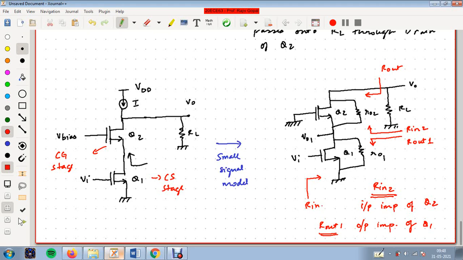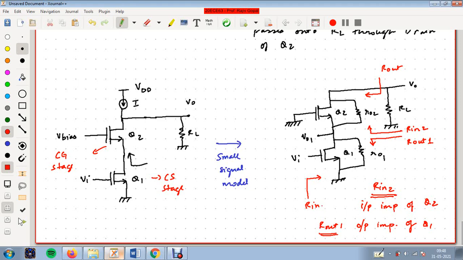So this is your basic cascode amplifier. The analysis part of this is a little tricky. For this you have to do the analysis of both common gate and common source, right? The output of the common source amplifier will actually be an input to the common gate transistor.